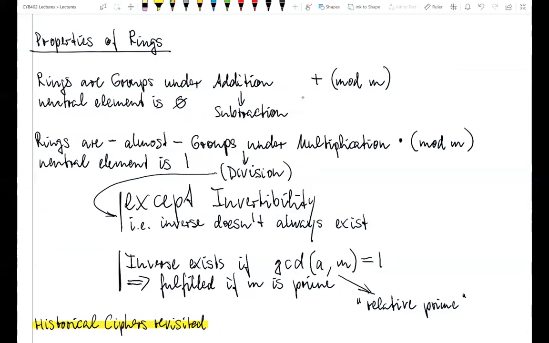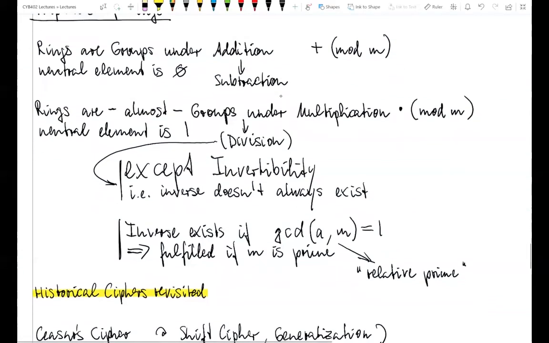And if we apply this inverse to an element, plus modulo m, we get 0. In other words, the idea of the inverse here helps us to actually implement subtraction. So subtraction is just the addition of an element and the inverse of another element.